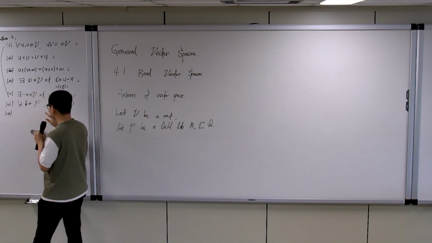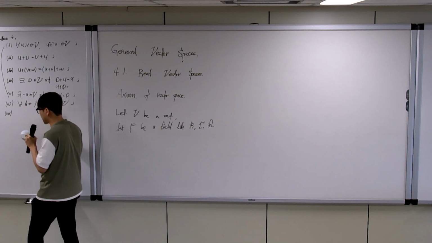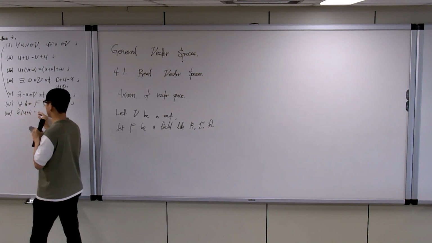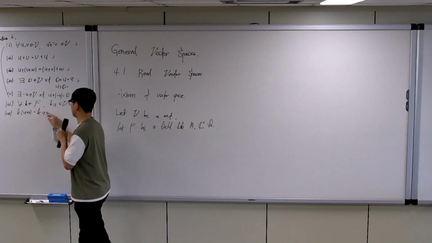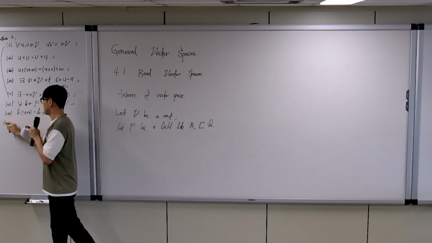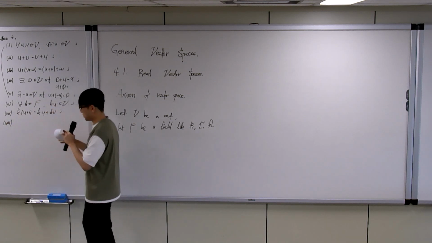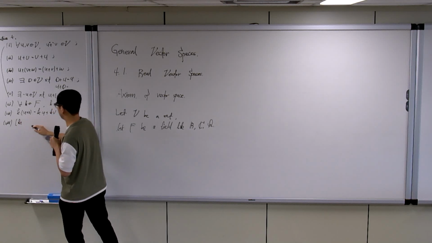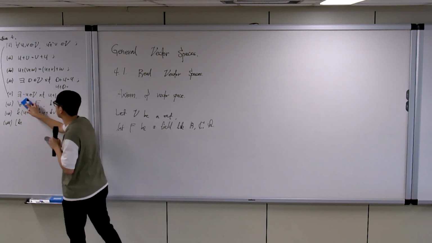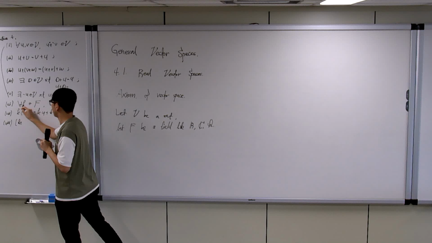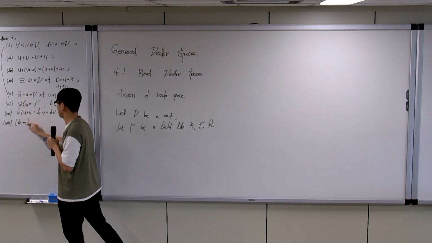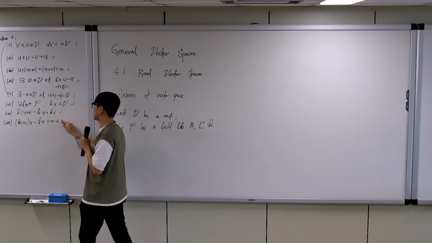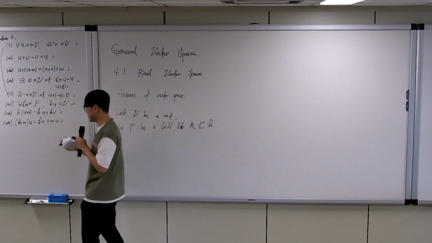For that function, scalar multiplication, it has a distributive rule, and also the scalar can be distributed: K and M, K scalar multiplication U plus M scalar multiplication U. There is also a distributive rule.